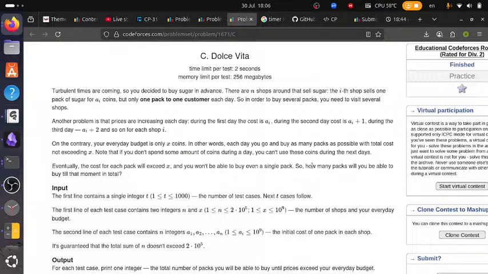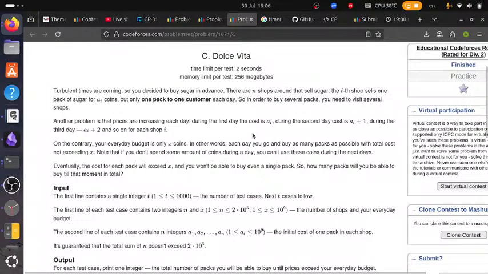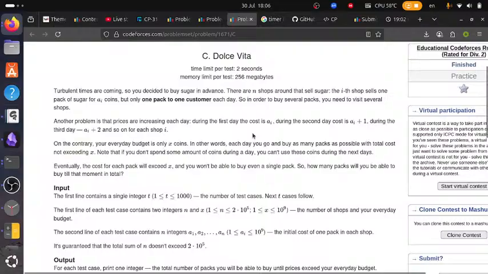So each day, a shop can sell one pack to one customer, and we have X coins every single day. And using those X coins, we need to buy as many packets of sugar as possible.